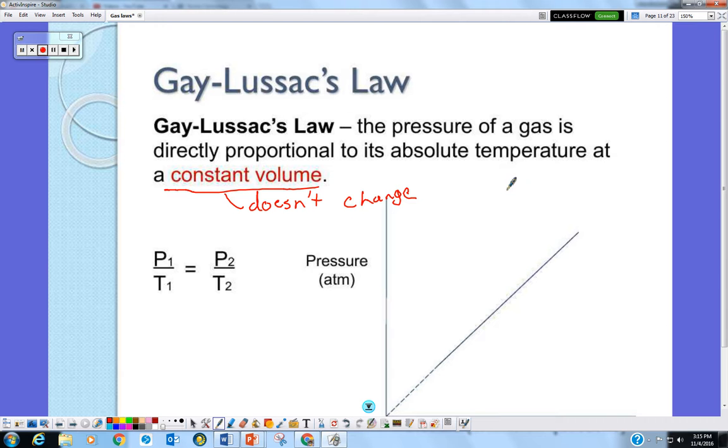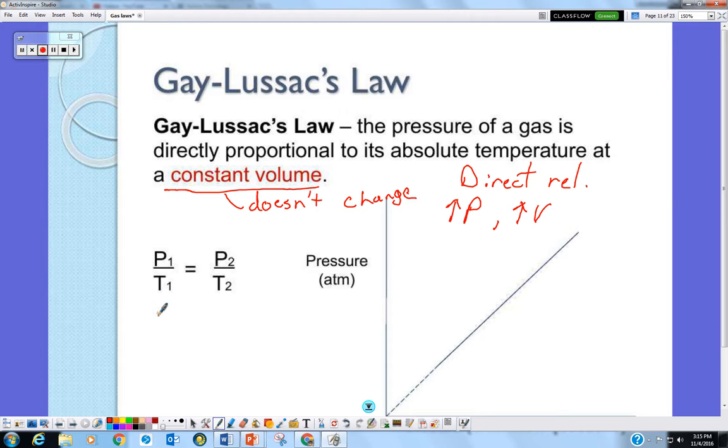Again, Gay-Lussac's law, like Charles's, is a direct relationship. That means if pressure increases, we should see temperature increase as well. As one goes up, the other goes up.